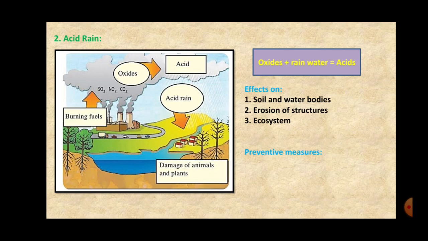There are heavy metals like mercury and cadmium, which are absorbed by the plants and thereby enter the food chain indirectly due to the acid rain. Then one more effect is on health. Due to this acid rain, our health is also affected very adversely.